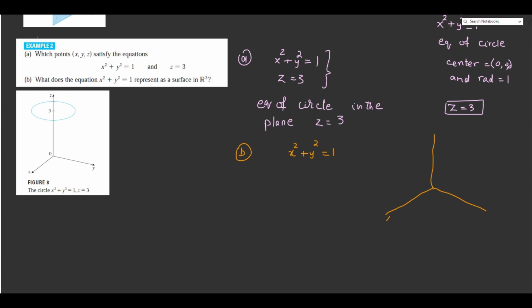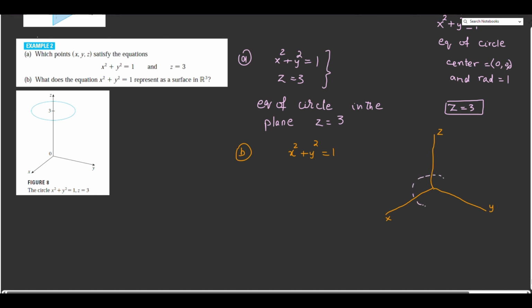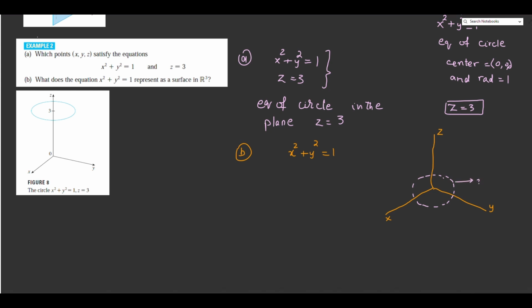We are now in the 3D space, and this will represent a circle in the xy plane.